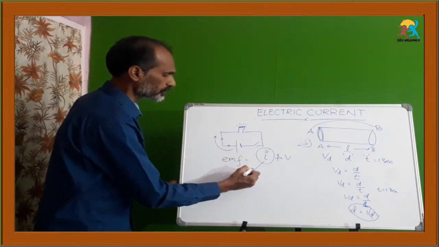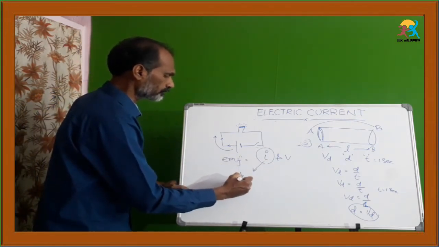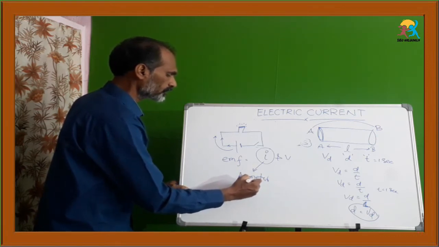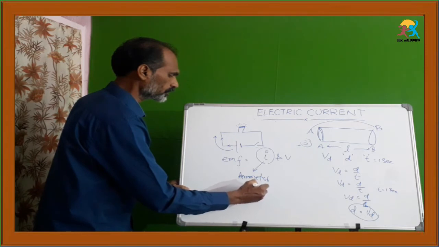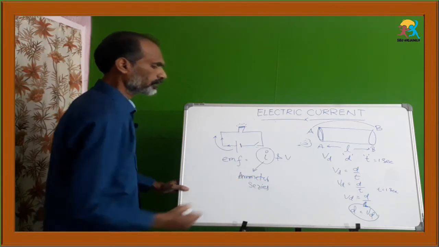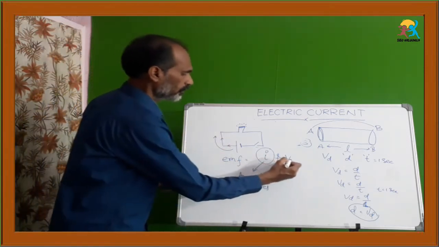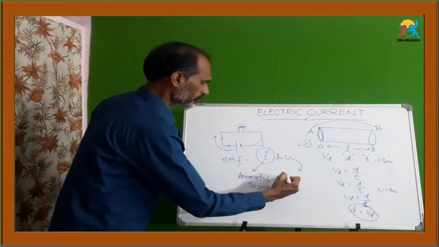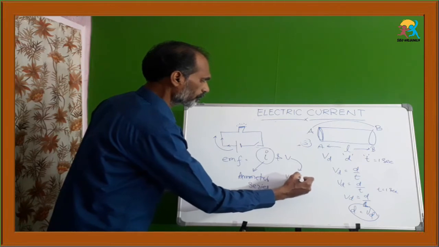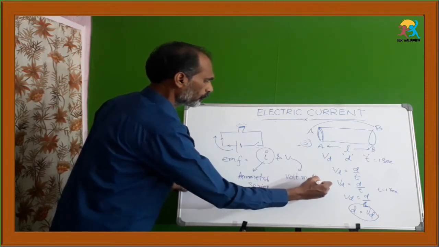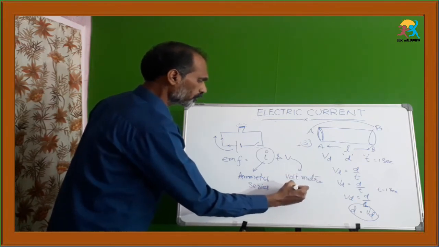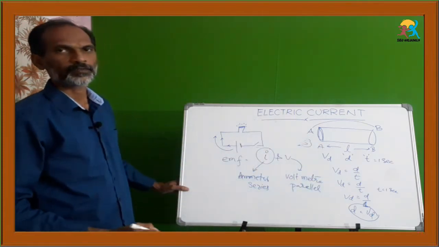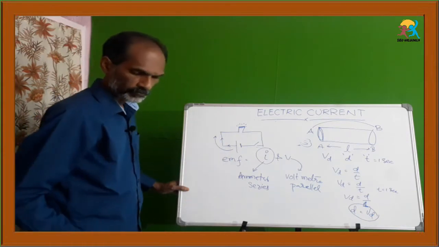Electric current is measured with an ammeter, and it is always connected in series in any circuit. Potential difference is measured with a voltmeter, and it is always connected in parallel in the electric circuit. These are the points we have to remember.